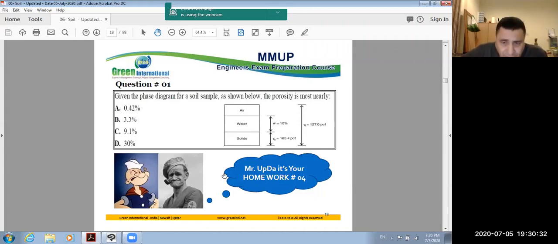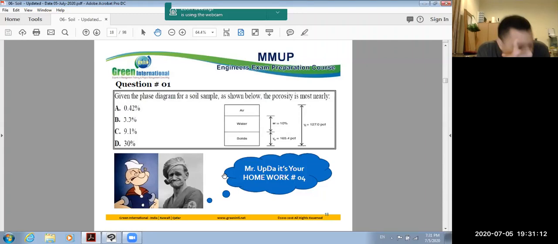They give you the water content W equal to 10%, and the gamma solid equal to 165.4 pounds per cubic foot, and the total unit weight of the sample is equal to 127 pounds per cubic foot. How are you going to solve this type of question? As shown below, the porosity is most nearly what, guys?